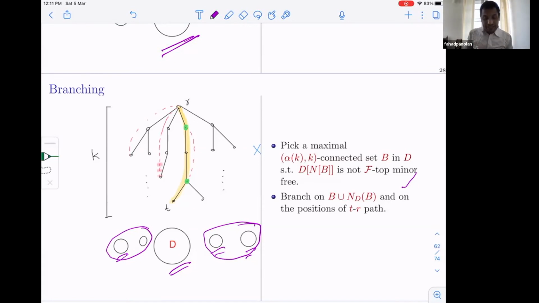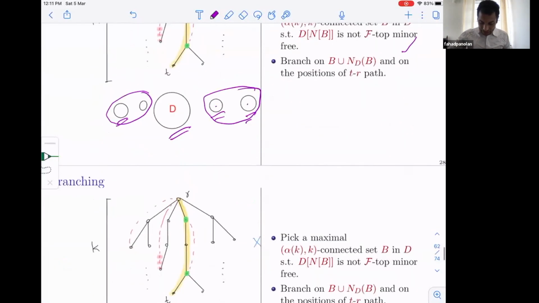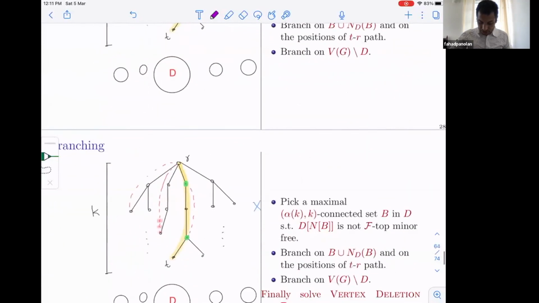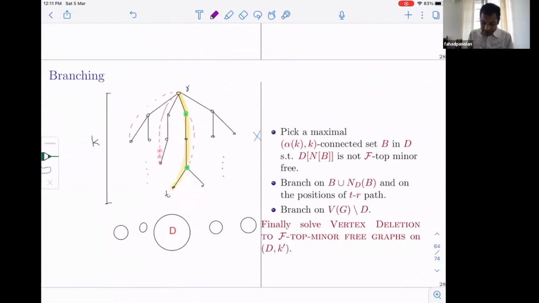You guess where these vertices will go, like some of the vertices should be placed in this elimination forest. And then in the final step, you solve vertex deletion for F topological minor free graphs on this large component with the parameter k prime being k minus the number of filled vertices.